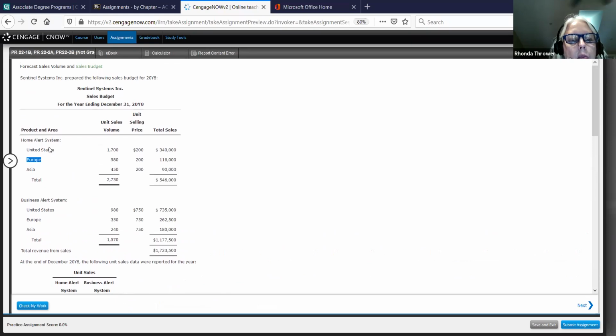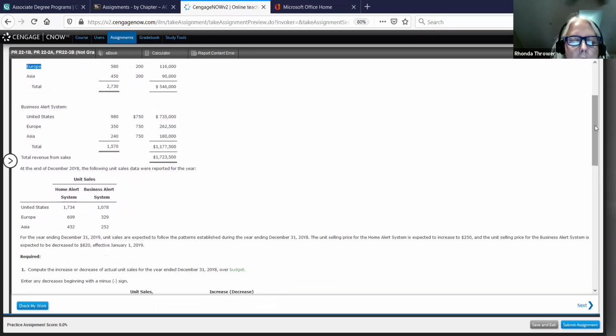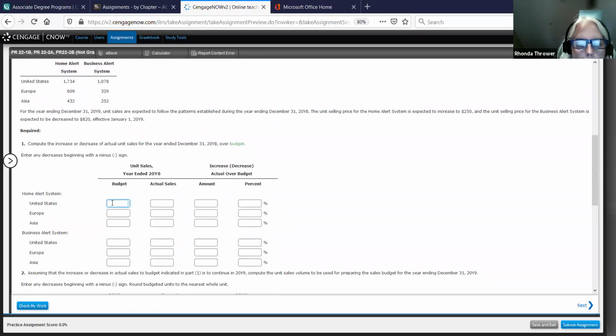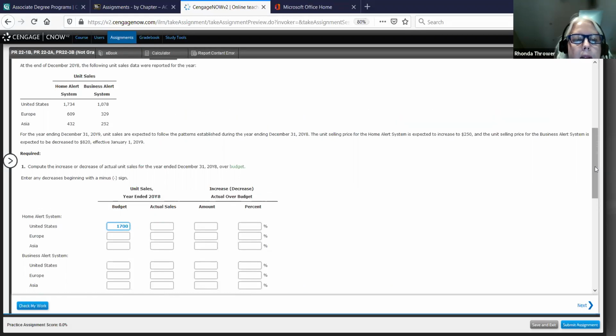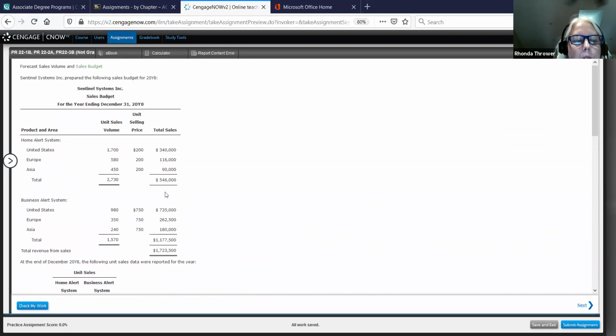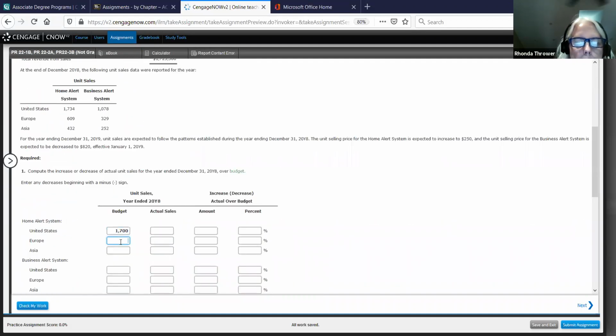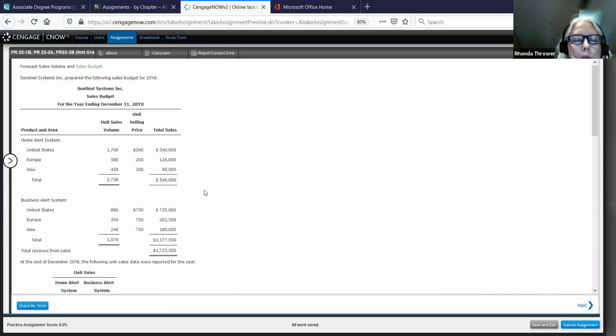So the home alert systems are here. The United States had 1,700 that they were expecting to sell. So I'm going to put the budgeted amounts in first. And because I just think it's easier just to look at the budget amounts, I'm just going to go ahead and fill in all the budgeted amounts for these systems. So for Europe, it was 580. And for Asia, it was 450.